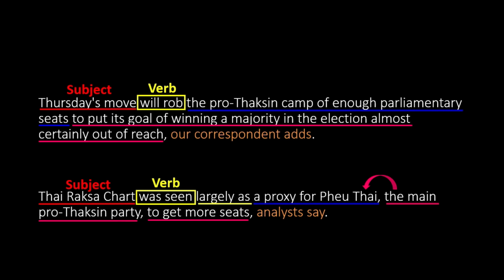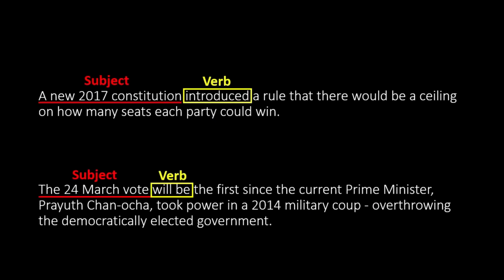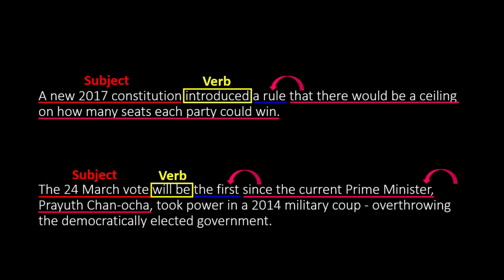Thai Raksa Chart was seen largely as a proxy for Pheu Thai, the main pro-Thaksin party, to get more seats, analysts say. A new 2017 constitution introduced a rule that there would be a ceiling on how many seats each party could win. The 24th of March vote will be the first since the current Prime Minister, Prayut Chan-o-cha, took power in a 2014 military coup, overthrowing the democratically elected government.